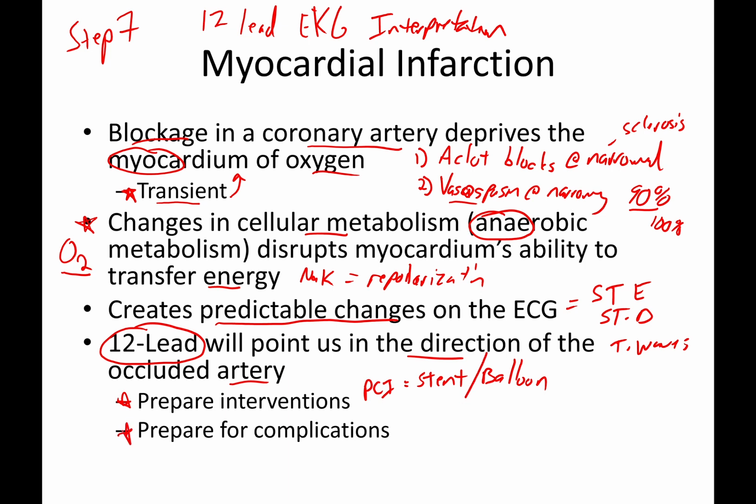Also helps you prepare for complications, things like VTAC, VFib, AFib, etc. AV blocks. Because remember, different sections of the heart are fed by different arteries. When certain arteries are affected, you may see certain types of arrhythmias sprout up as a watershed part of that event.